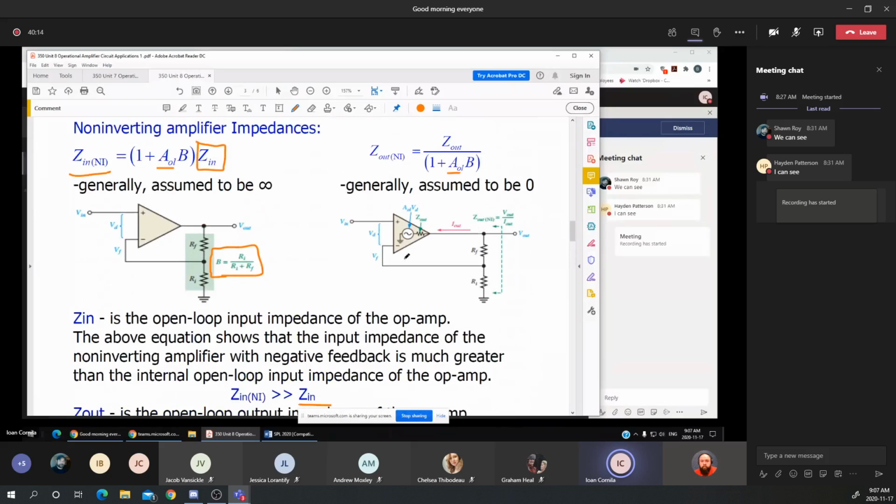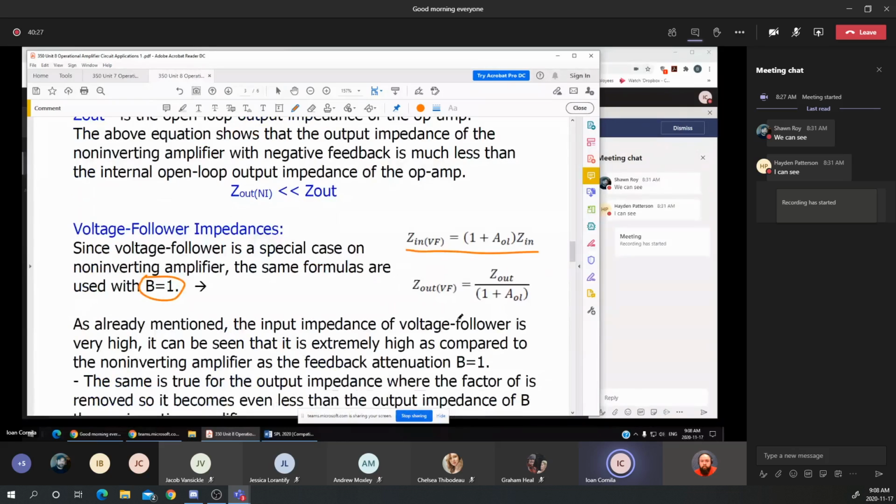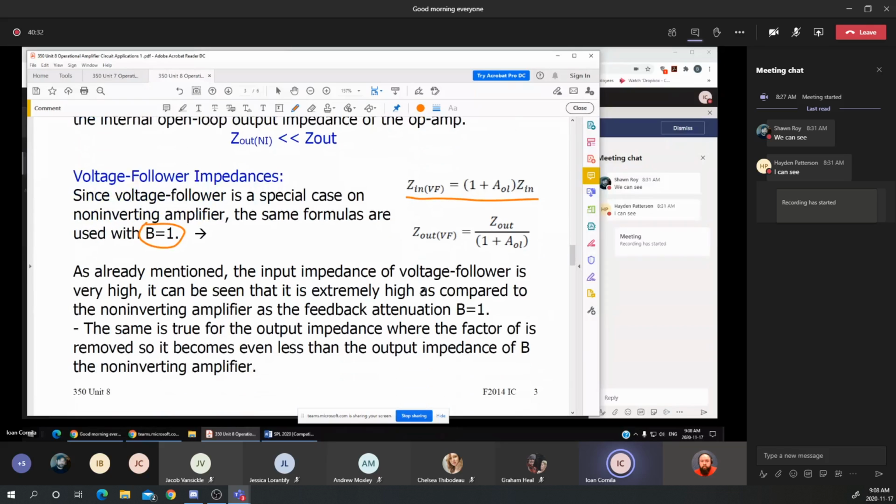Based on the same two equations, I'll replace B with 1 for the Zout, and do the same thing for the Zin, and I will end up with the other two equations that apply for a voltage follower.